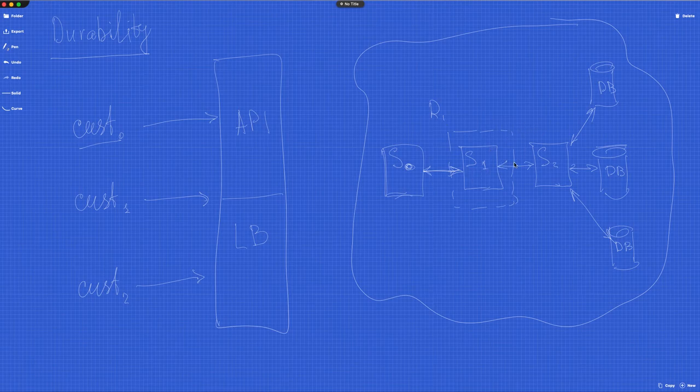Service 1 managed it somehow and did some modifications. For example, it went to its own database, grabbed some data, did something, and sent the next request to service 2.